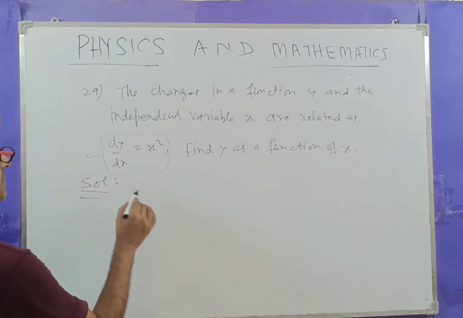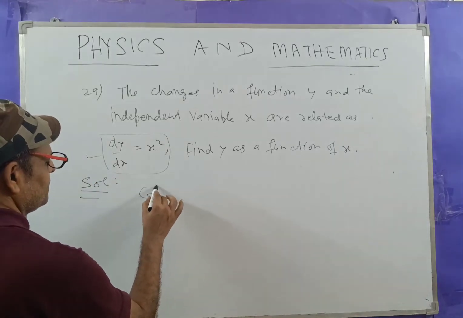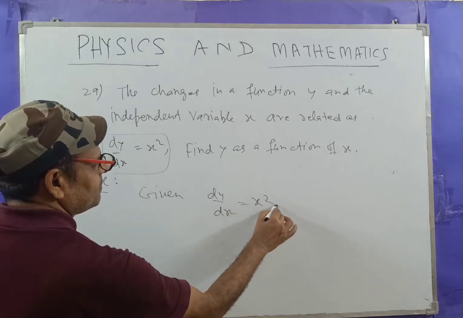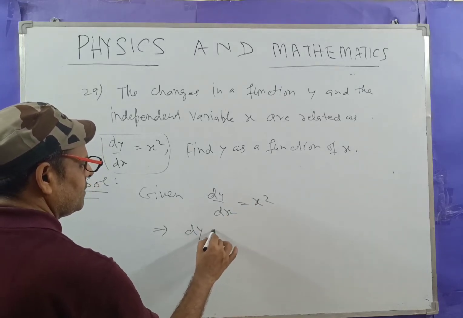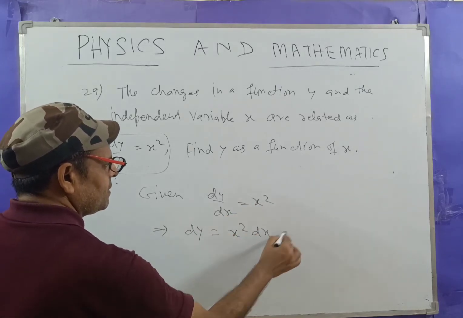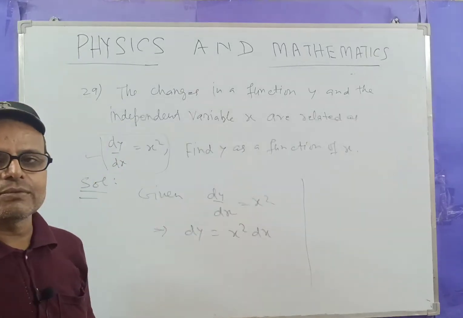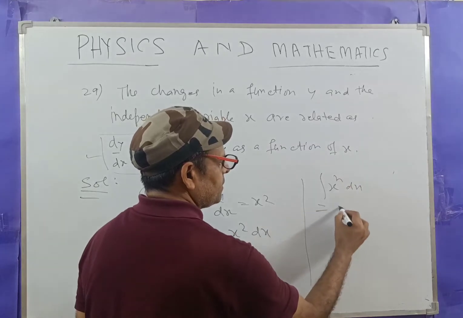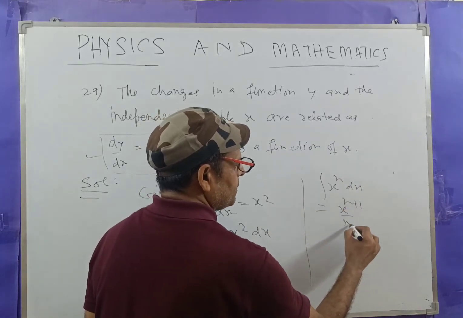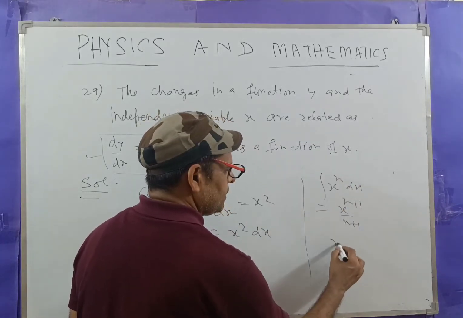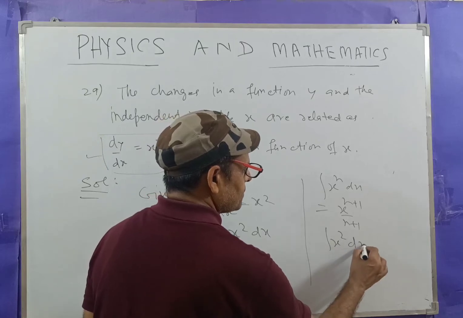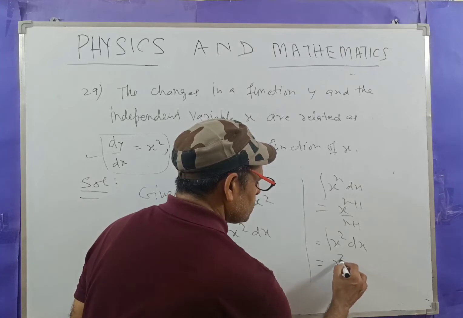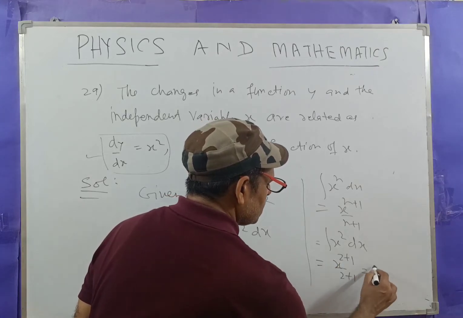Given dy by dx is equal to x square, you can write dy is equal to x square dx. And what is the formula for integration? Integral of x to the power n dx is x to the power n plus 1 by n plus 1. Here it is x square dx. On the basis of this formula, you can write x to the power 2 plus 1 by 2 plus 1, that is x cube by 3.